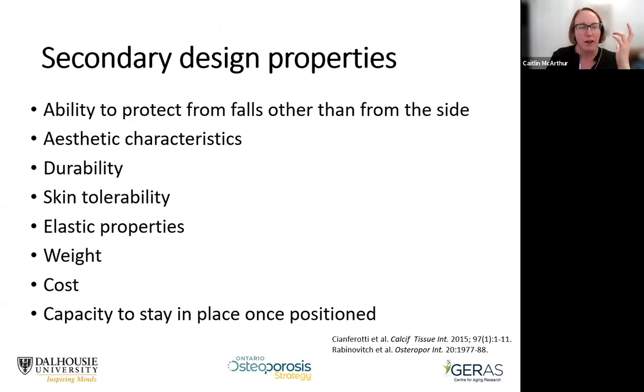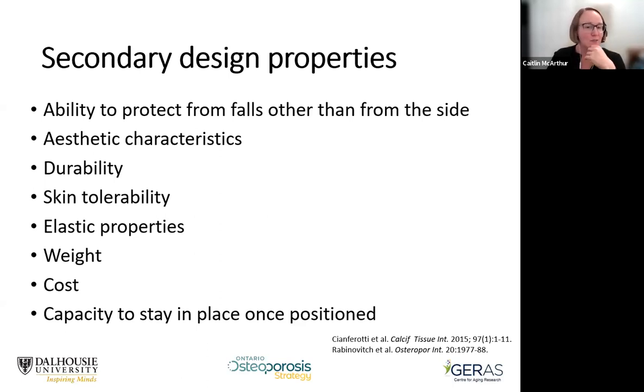They should be able to protect from falls other than from the side. Most hip fractures happen when somebody falls sideways and slightly backwards, but sometimes people will fall forwards or fall backwards onto their bottom. If the hip protector can help in those scenarios as well, that is even better.